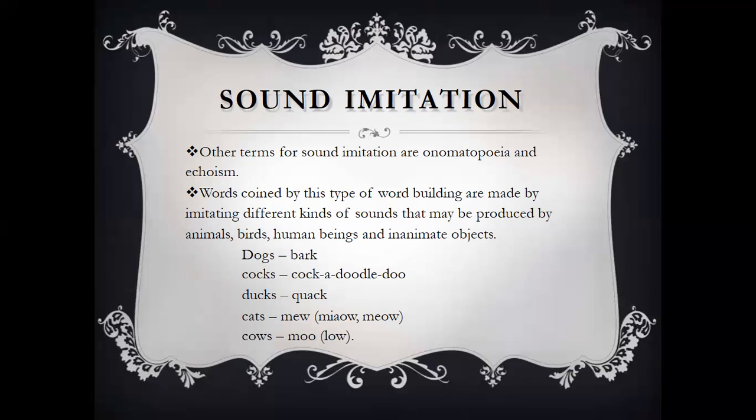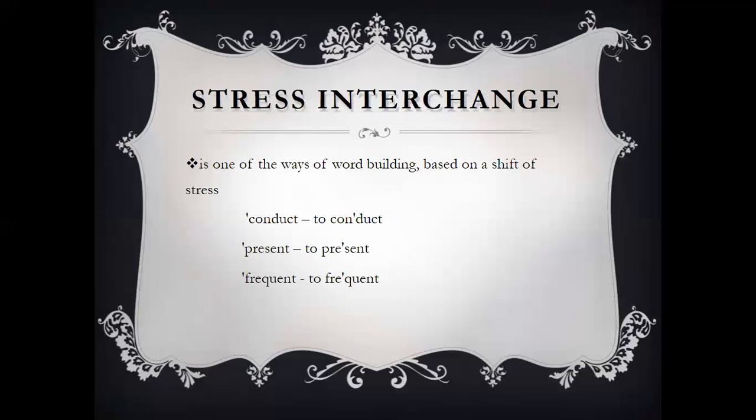Words coined by this type of word building are made by imitating different kinds of sounds that may be produced by animals, birds, human beings, or inanimate objects. For example, dogs bark, cocks cock-a-doodle-doo, ducks quack, cats mew, cows moo, and so on.